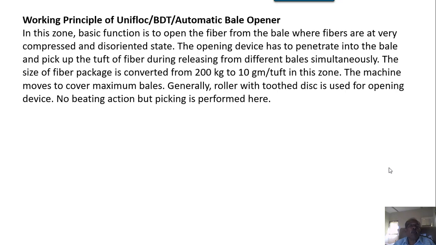Now, the working principle of the Uniflock BDT or automatic bale opener. Uniflock is from Rieter, BDT is of course from Trützschler, and some other companies like LMW have automatic bale openers. In this zone, the basic function is to open the fiber from the bale.